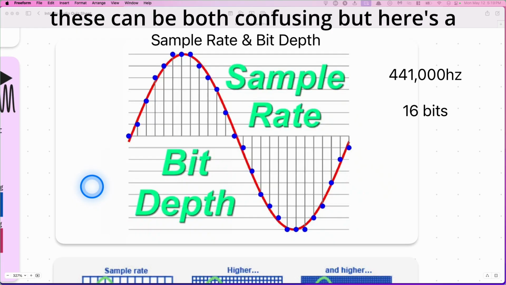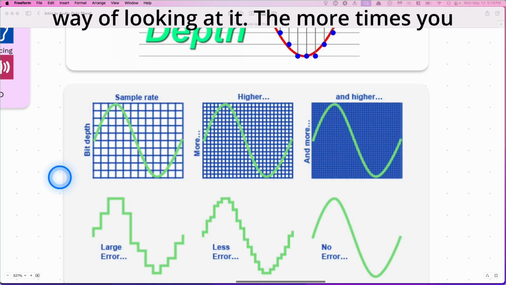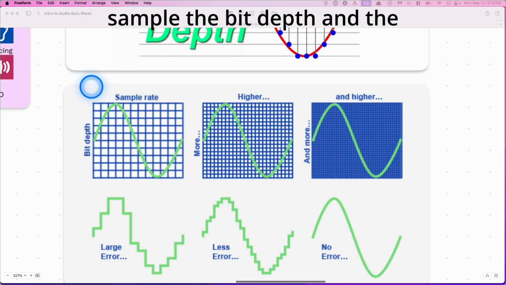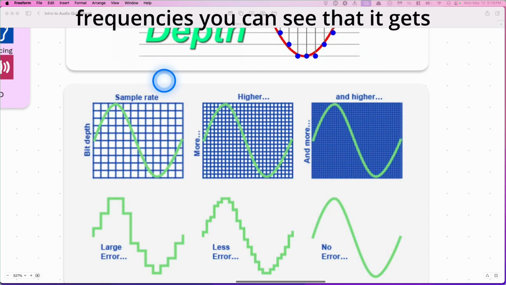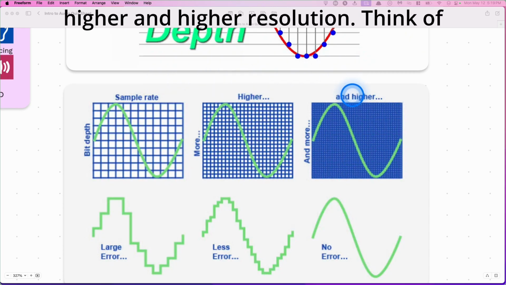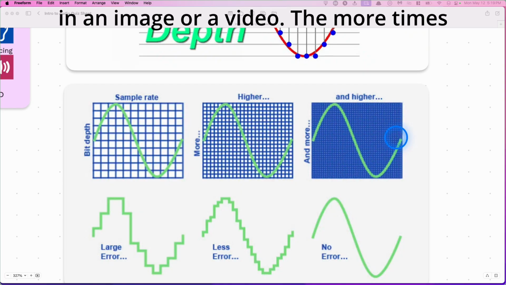Now, these can both be confusing, but here's a really, really simple way of looking at it. The more times you sample the bit depth and the higher your sample rate of the frequencies, you can see that it gets higher and higher resolution. Think of this more like pixels in an image or a video.